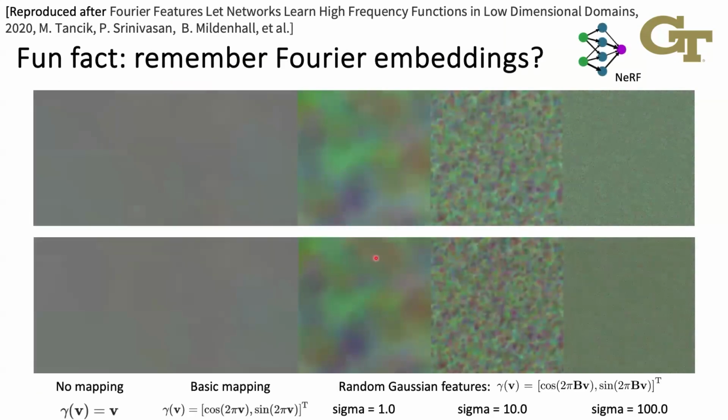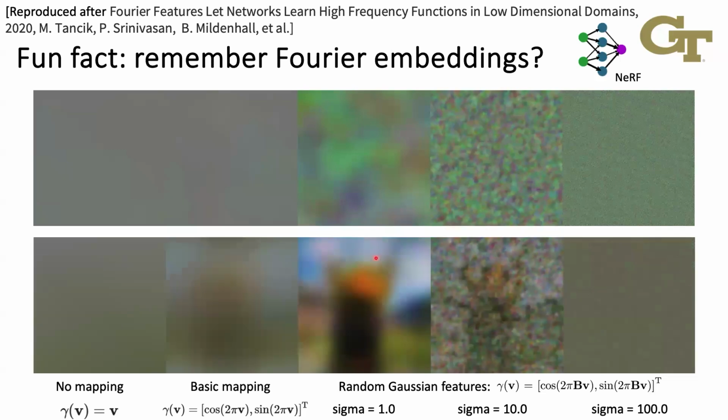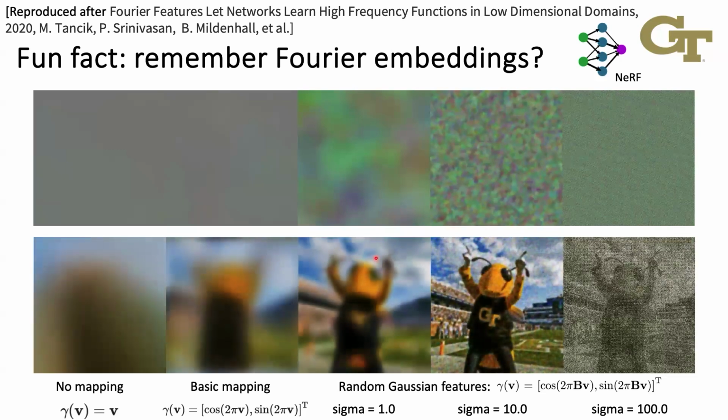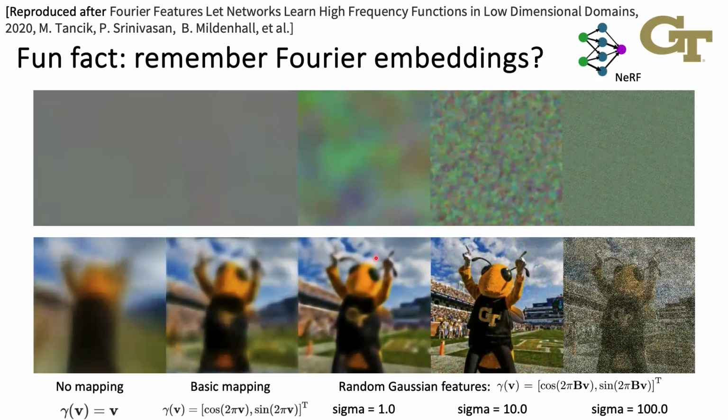Something I was afraid of putting in, because I was afraid I would run out of time, is something about Fourier embeddings. This is from the earlier sections of this presentation. Here we are just teaching a neural network to directly overfit an image. So it's literally just learning XY pixel space into an RGB color.